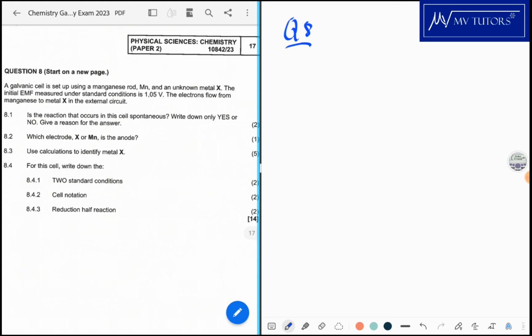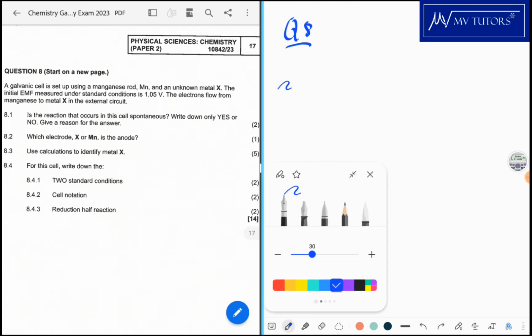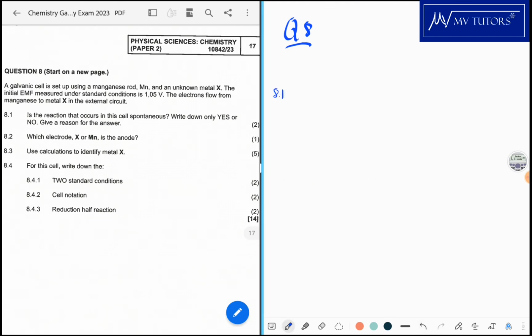The electrons flow from manganese, that's very important, to metal X in the external circuit. So electrons always flow from the anode to the cathode. That tells you something. Now let's get to answering questions. 8.1: Is the reaction that occurs in the cell spontaneous?